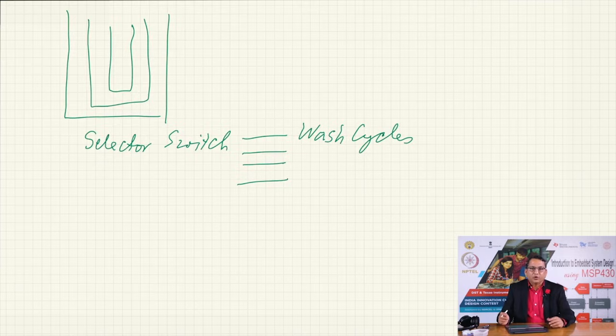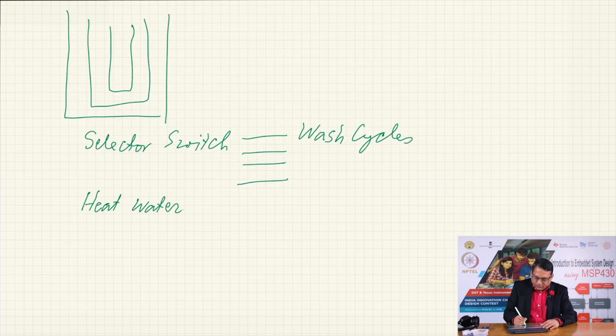So, you can select, do you want to wash silk clothes, or do you want to wash cotton clothes? If you have selected cotton clothes, your modern washing machine would also have a mechanism to heat water. It would also include a display to indicate what modes you have selected.